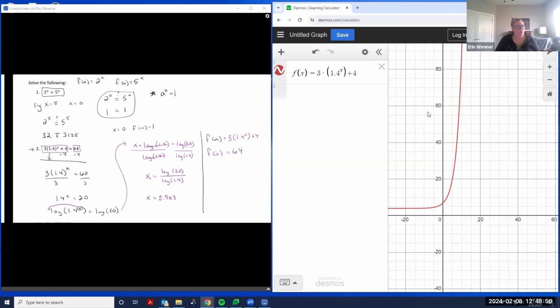When we're looking for where it's going to equal 64, we can tell along this axis here, this is 60, that's 65, and that's 70. So 64 is going to be right around here. And so we can see that that value, if we go down below, is close to 10, right? It's on its way to it, but it's not quite there.